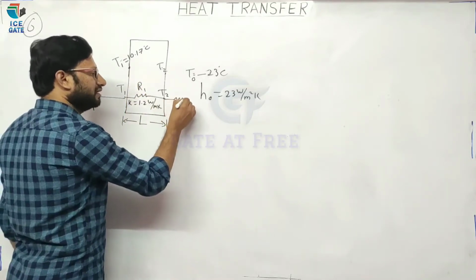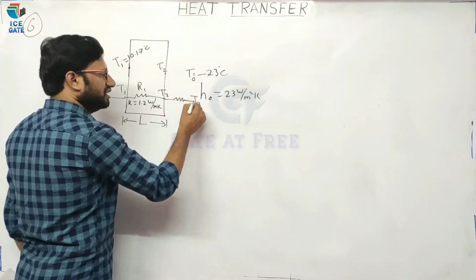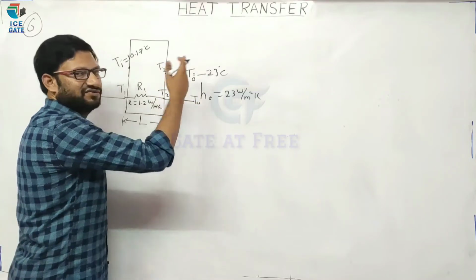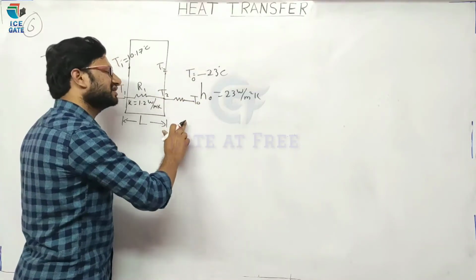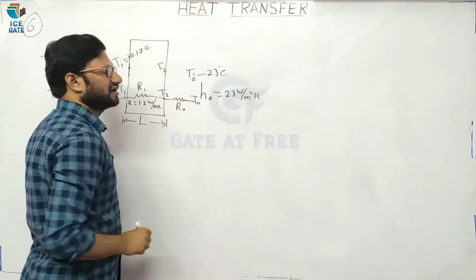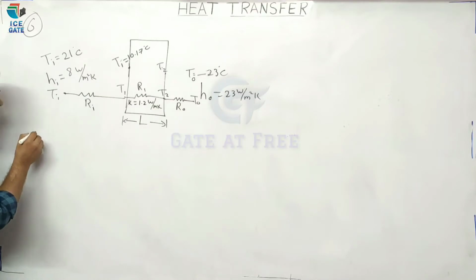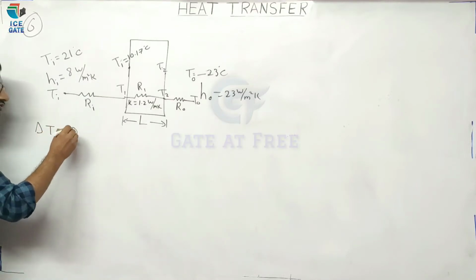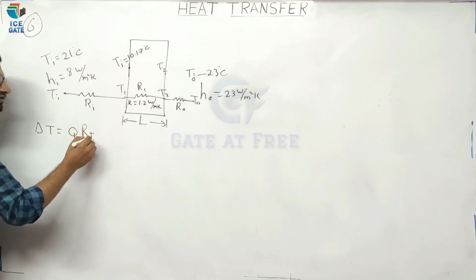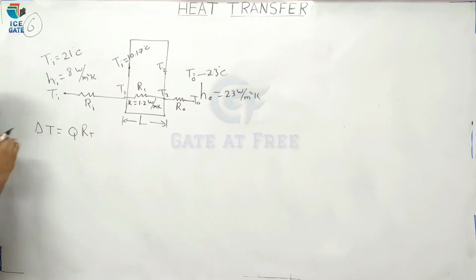Next, from T2 to T0, from solid surface to fluid medium, the mode of heat transfer is convection, so the resistance is convective resistance. Now delta T equals Q times total resistance. This is the formula we know.